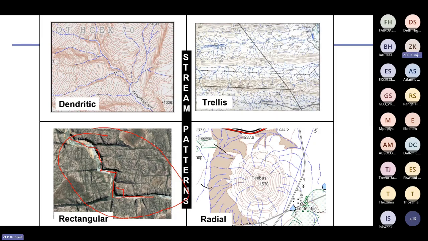And then now let's look at the radial one. The moment you see a spot height, remember that is a height representation. So it tells you that is the highest point. It also tells you, for those of you who still remember in grade 9, you were told to look at the circle of those contour lines, which shows you that is a hill. So look at the sources of those rivers.